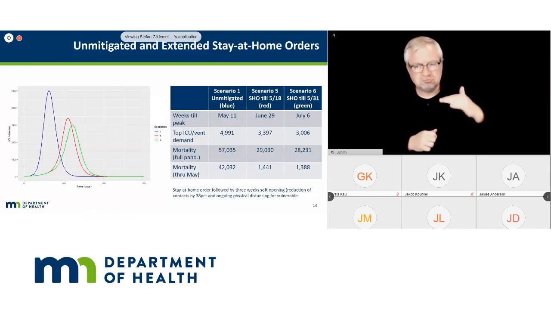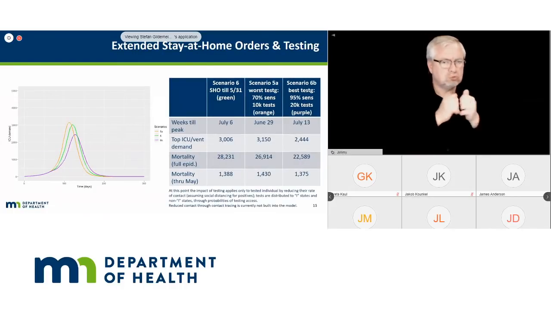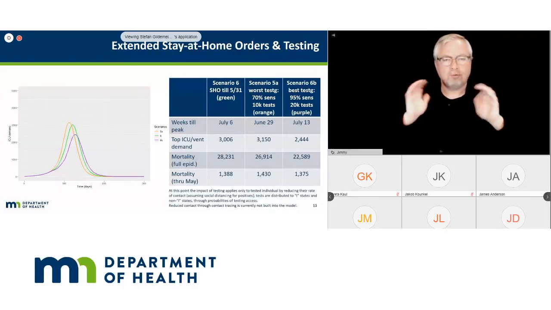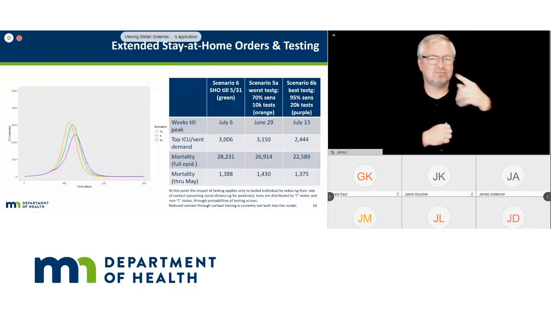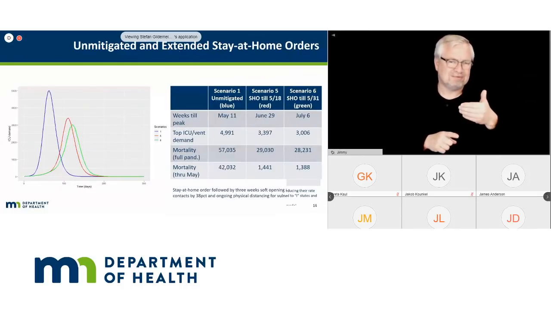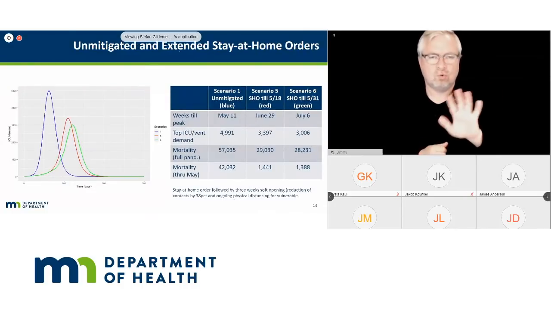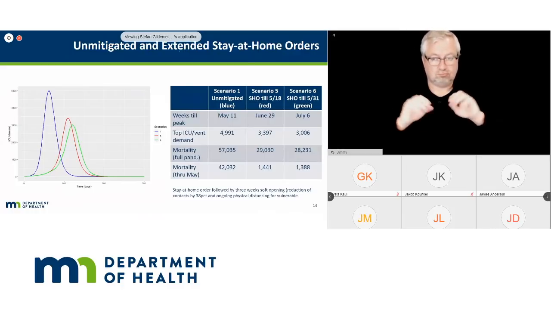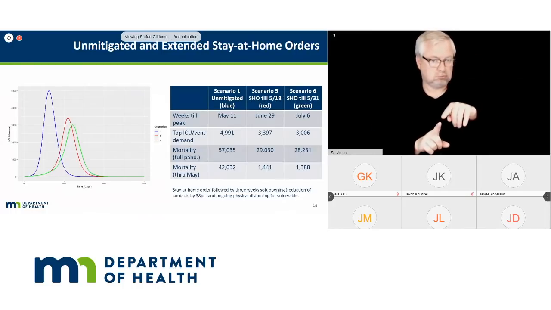That's a good question, and it depends on what the comparison is. The differences are different. Stefan, maybe going to the unmitigated, the previous slide there. The unmitigated again was if we had done nothing, and that was with our original state ICU capacity that was estimated in March of 235 beds.